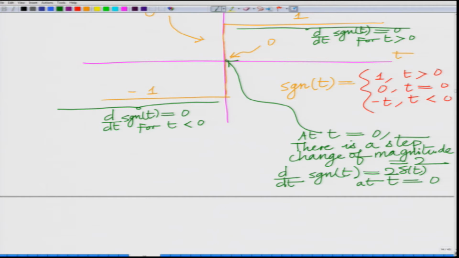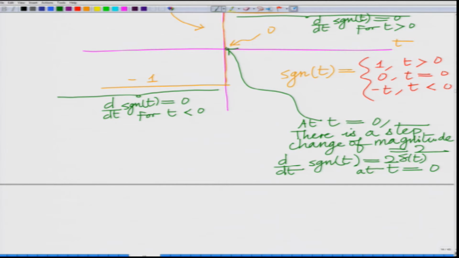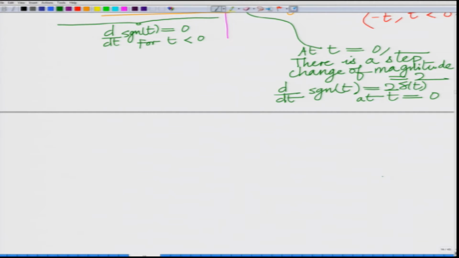You can see it is constant, with a step change at t equal to 0, and again constant for t greater than 0. Therefore, the derivative is basically twice delta(t), since the change occurs only at t equal to 0.